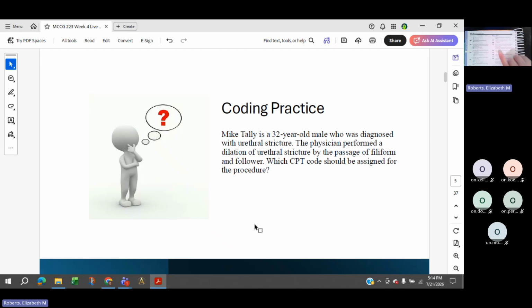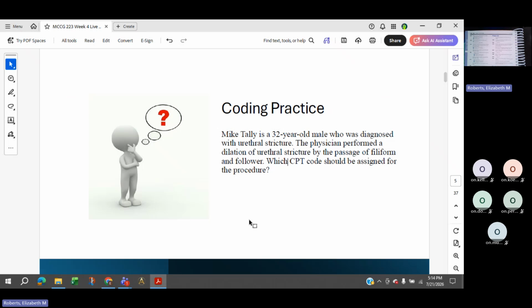Let's see 605. Dilation of urethral stricture or vesicle neck by passage of sound or urethral dilator, same thing. So no. Oh, this one is under general or spinal anesthesia. No good. So it's not those three. Let's check 53620, dilation of urethral stricture by passage of filiform and follower, male, initial.